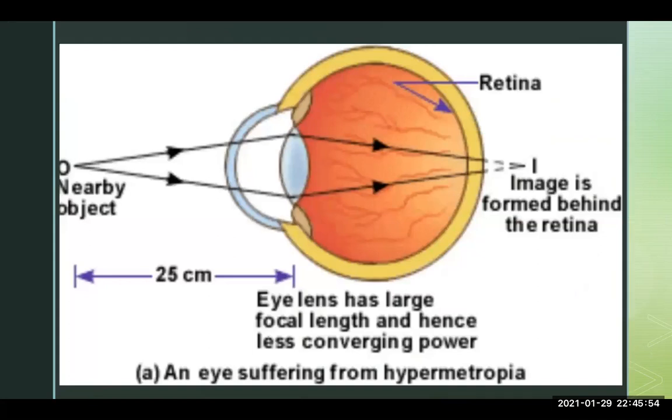This figure shows what I said in the previous slides. At 25 centimeters, the near objects come to focus behind the retina. The image formed behind the retina is blurred because it's out of the sensitive part of the retina. So the eye lens has a larger focal length and less converging power.